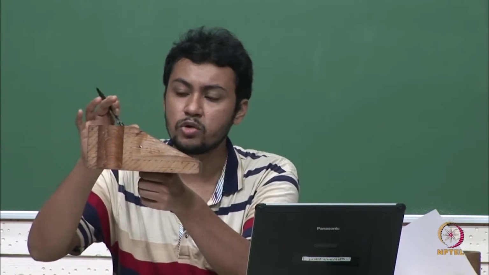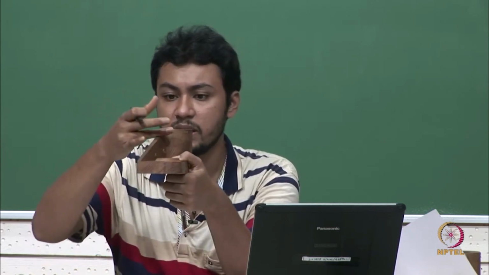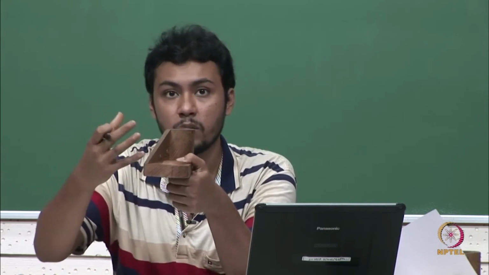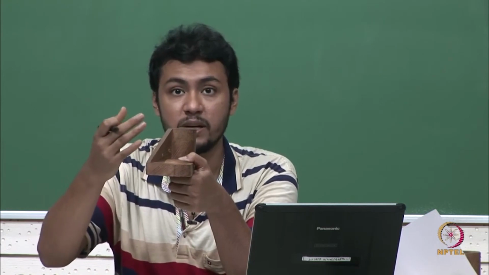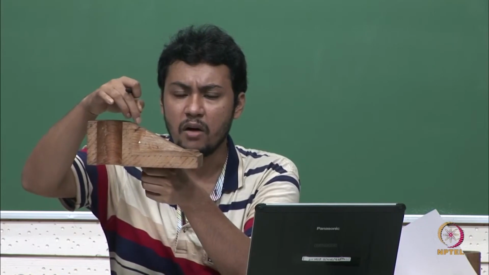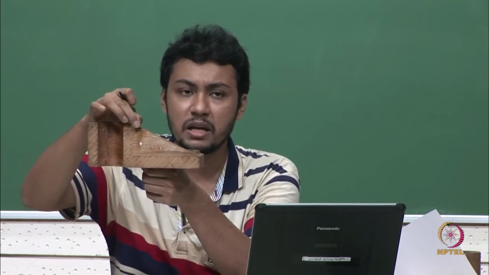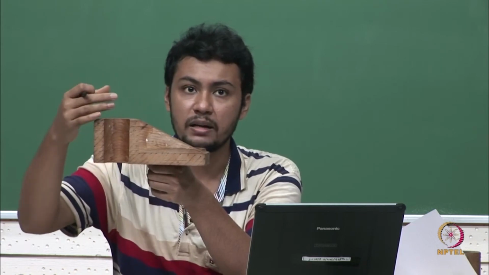This has only been used to support this. If we had sectioned in this direction, then behind the section line there would have been a lot of material in the rib, so we would have had to show the sectioning in the rib also. But in this cutting plane, after the cutting plane there is very little material in the rib. So, we will not show that using section lines.